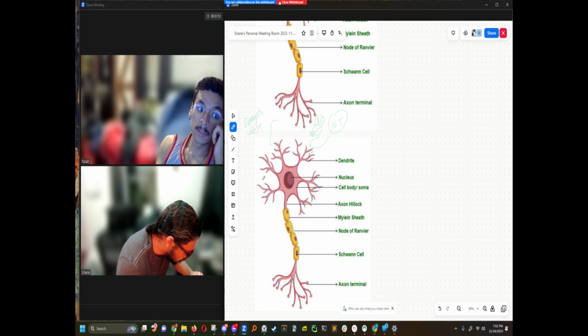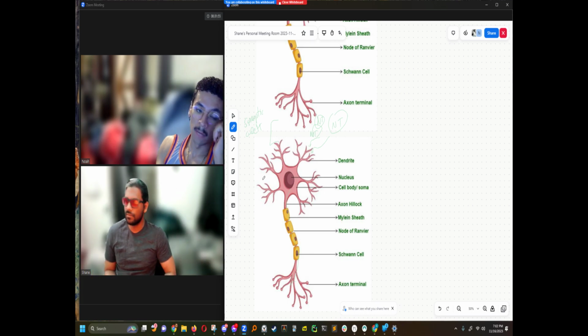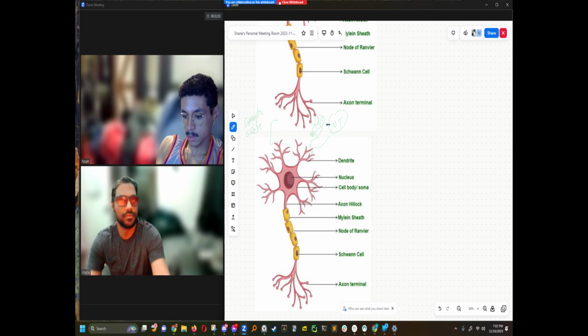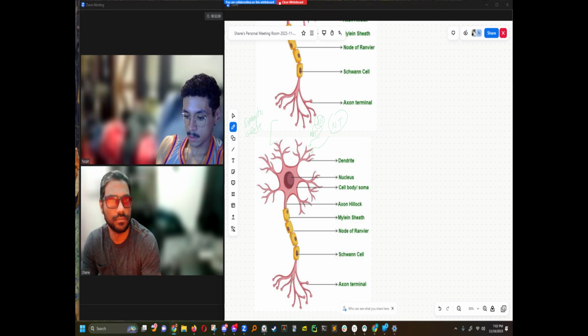Oh, so neurotransmitters basically travel across the synaptic cleft in order to keep messages rolling to every neuron. Yeah. Okay, so hold on. To another across the synaptic cleft.